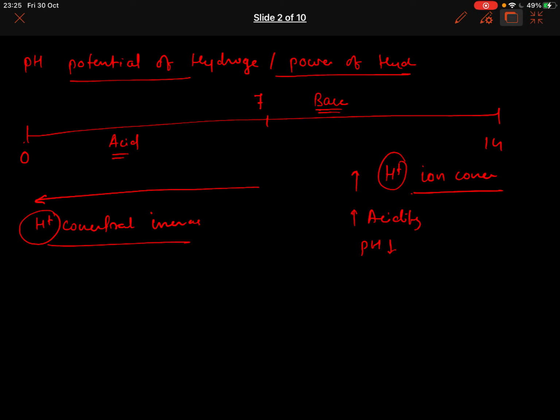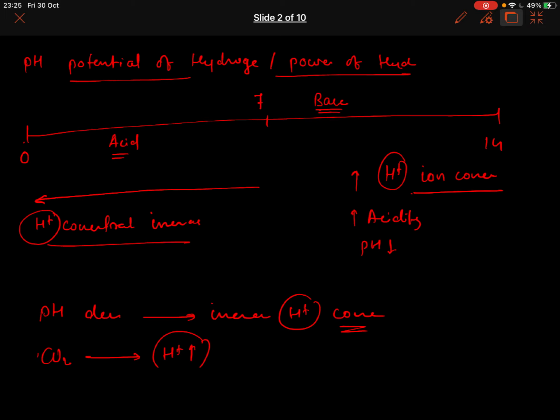Fine. So we have seen that a pH decrease means an increase in H plus ion concentration. Now the next question is how carbon dioxide, which is getting absorbed in the ocean water, is causing H plus ions to increase. Let us see that first.